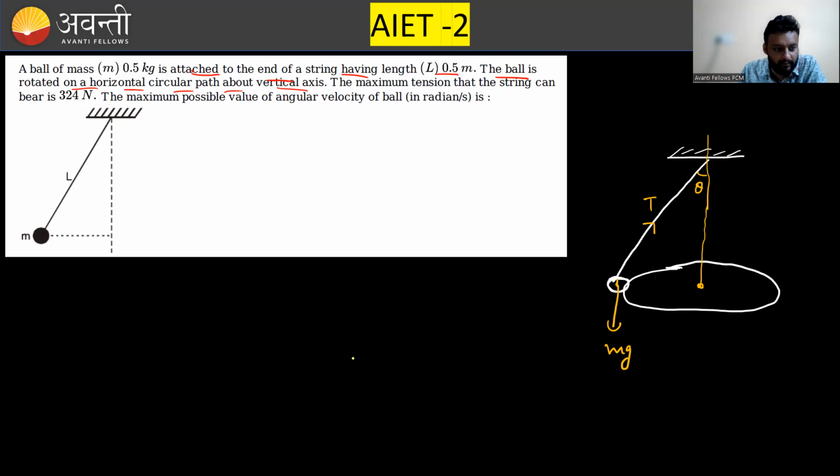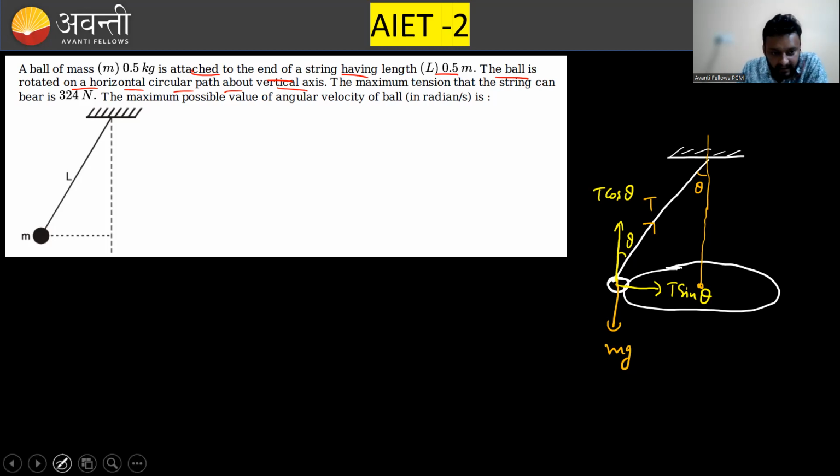This component will be T cos theta, and this component will be T sin theta. Is it clear to everyone? This particle is moving in a circular path, and this T sin theta is providing the necessary centripetal force.